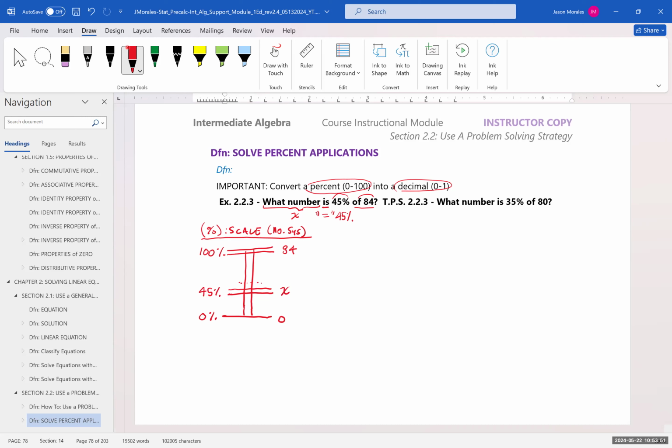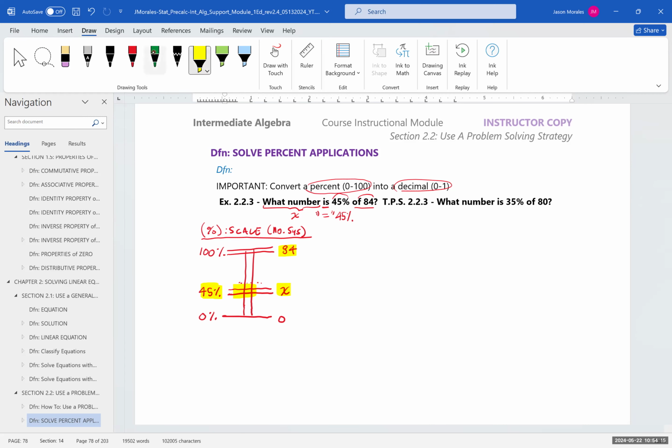And we want to know what number is 45% of 84.